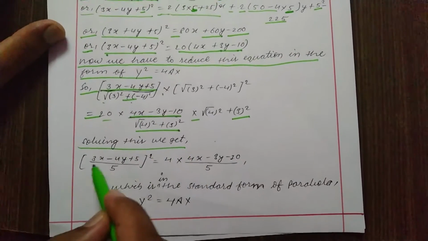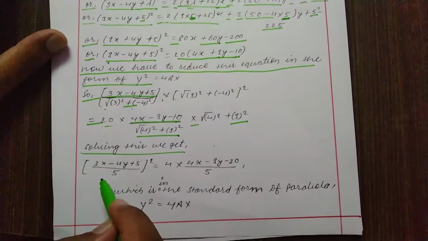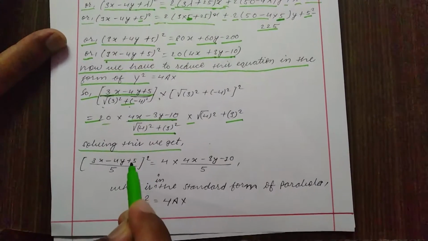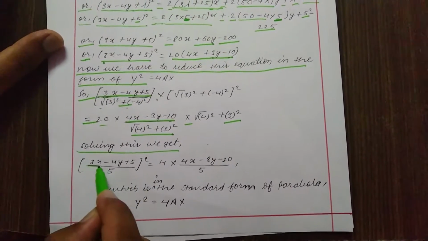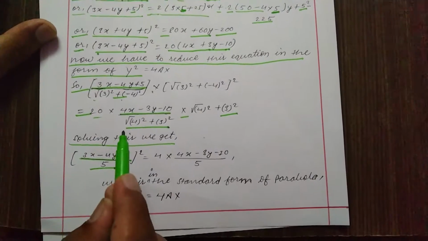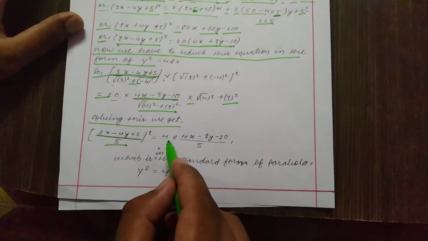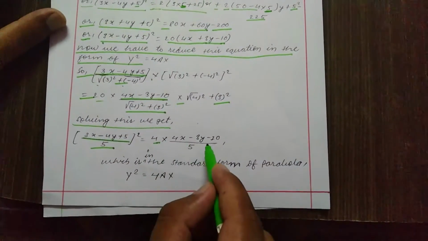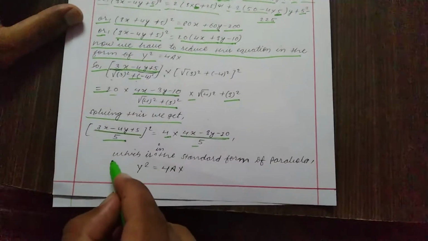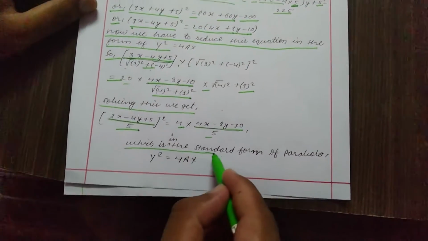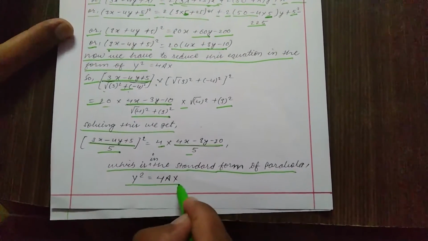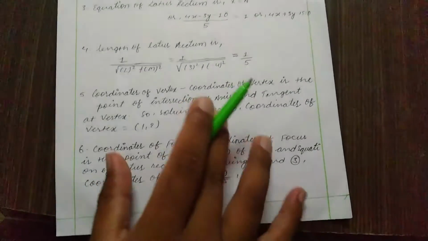Solving this, we get ((3x minus 4y plus 5) divided by 5) whole square equals 4 into (4x minus 3y minus 10) divided by 5, which is in the standard form of parabola y square equals 4ax.